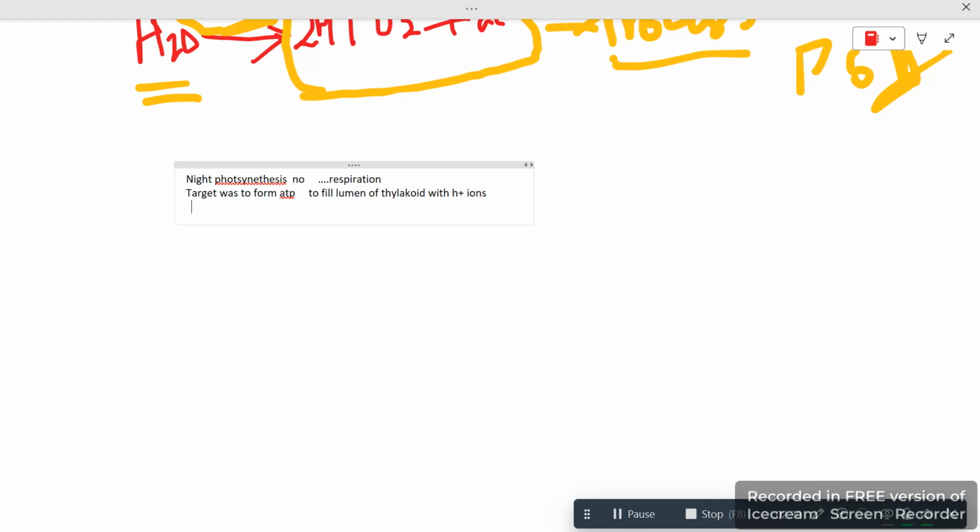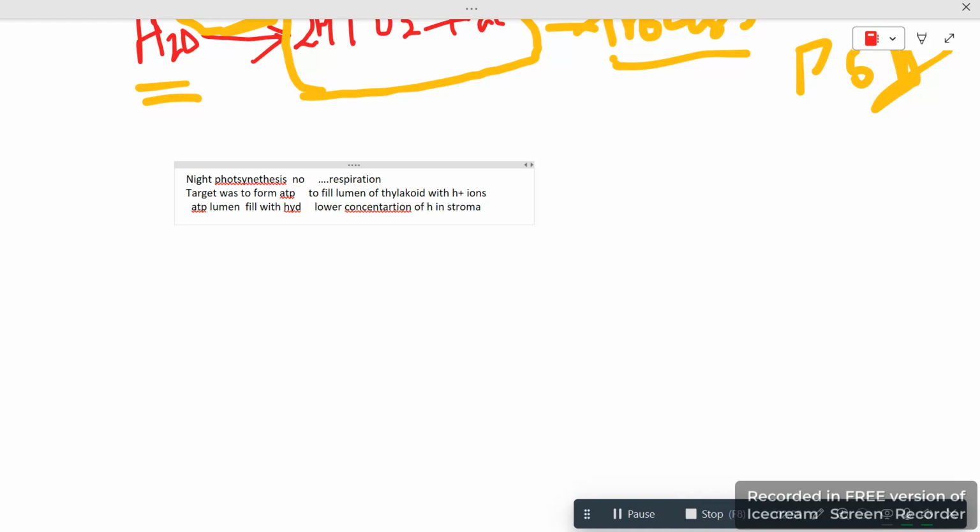So the ATP would be in the lumen of thylakoid, which would be filled with H positive ions, and so there will be a lower concentration of H in the stroma, and stroma is a matrix.